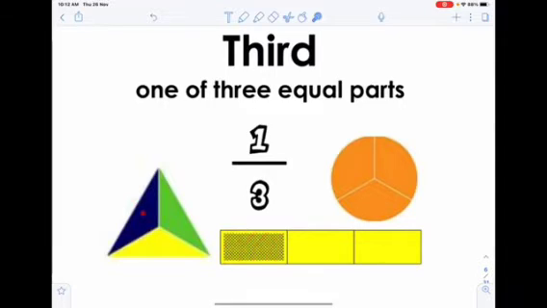Here again in the triangle also, 1, 2, 3, 3 equal parts. Out of those 3, I am considering only 1 part, then it is represented as 1/3 or 1 by 3. Even with the circle, we have 3 parts, but if I consider 1, it is represented as 1 by 3 or 1/3.